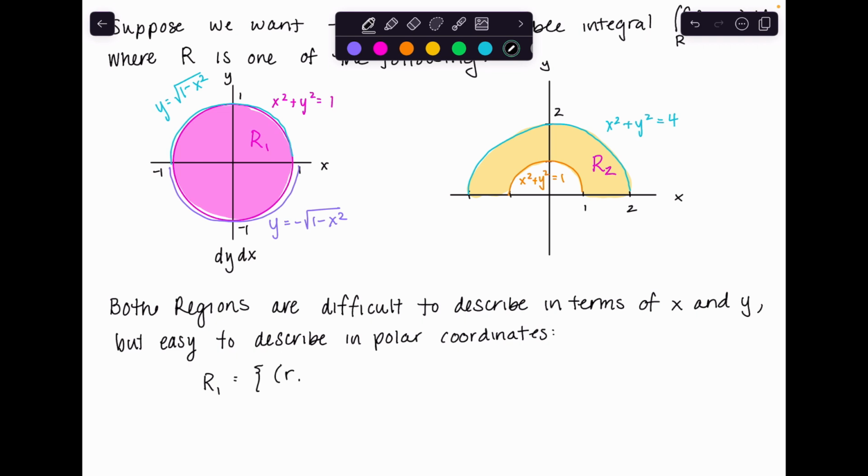You need the radius and you need the angle. So here, if I'm talking about the unit circle, well, my radius is between 0 and 1. So it really gives constant bounds on r. And then same thing to get the whole circle, you need to go from 0 to 2 pi for the angle. So theta will be changed between those values.